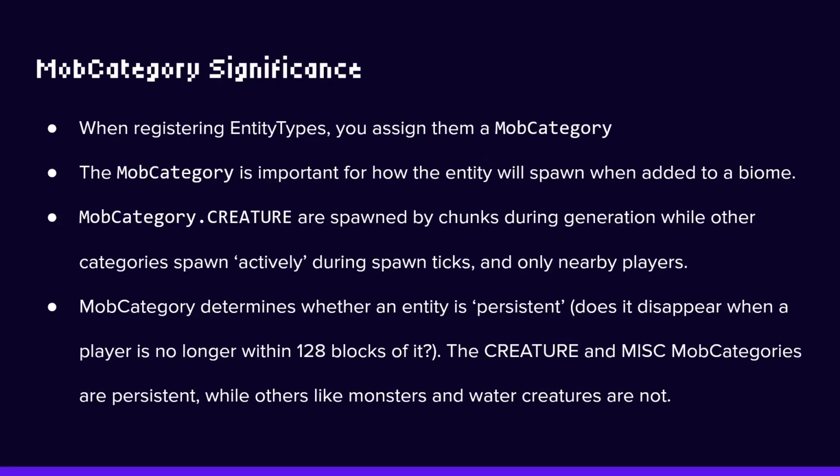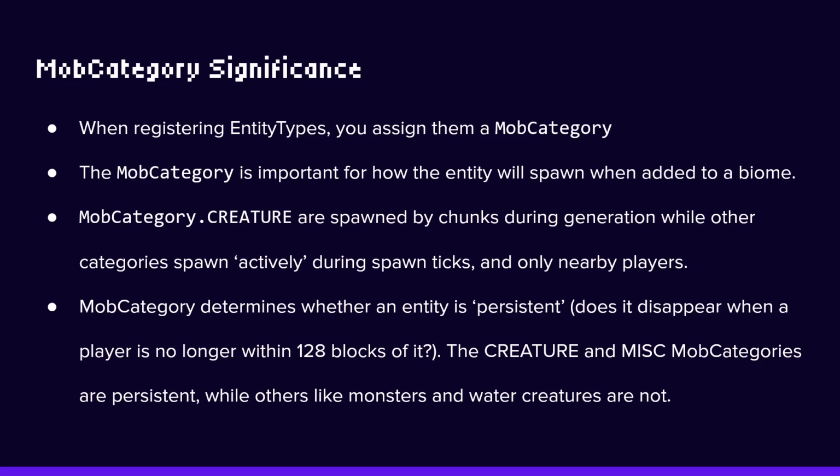A little bit more about how mob categories are significant in terms of spawning. When you register an entity type, you give them a mob category. It determines how the entity spawns when they're in a biome, like I said earlier, with the chunk versus proximity spawning. Creatures are spawned by chunks during generation, while everything else spawns actively.